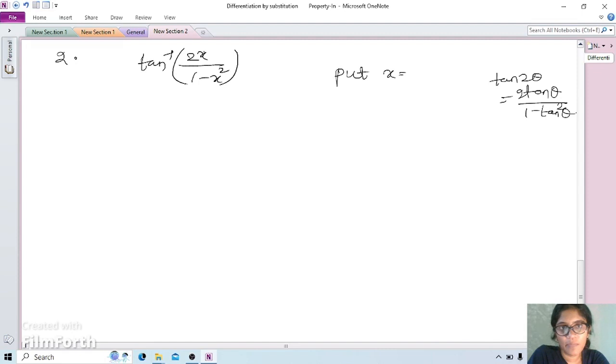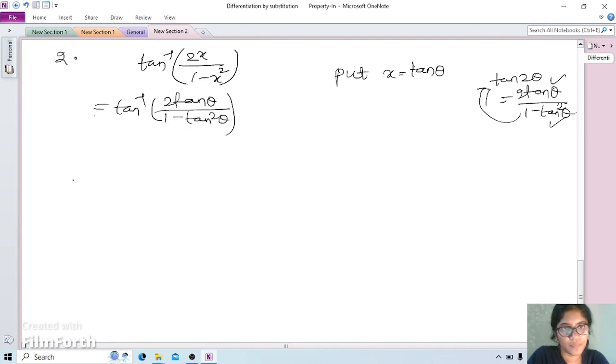So similarly, in place of x we put tan theta, and it converts to tan 2 theta. That's why we put x equal to tan theta. Then it is tan inverse of 2 tan theta divided by 1 minus tan square theta, which equals tan inverse tan 2 theta.